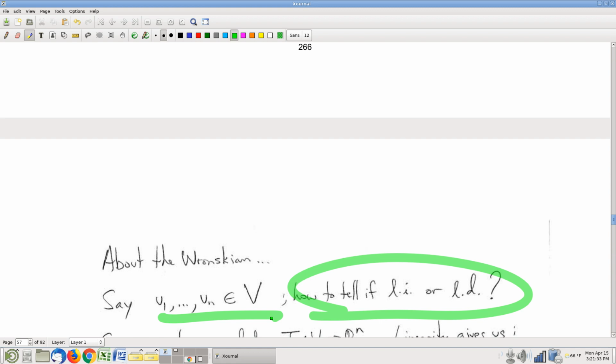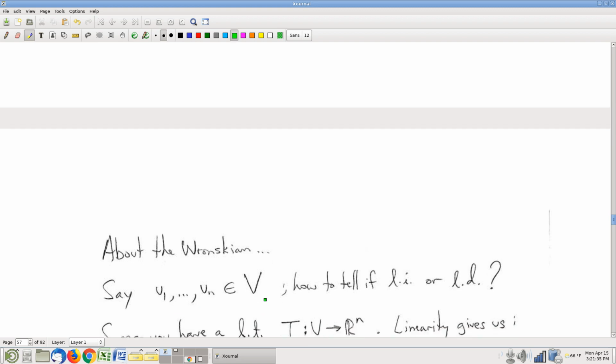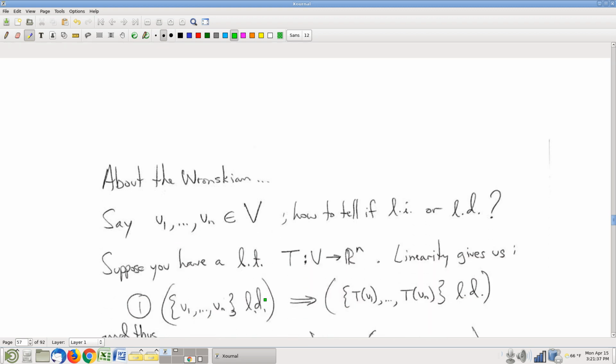So the little homework assignment I gave y'all was to prove this result: if you have a dependent list, by the way, I know we don't know that yet, but hypothetically, and you plug them into a linear transformation, then the output is also dependent.